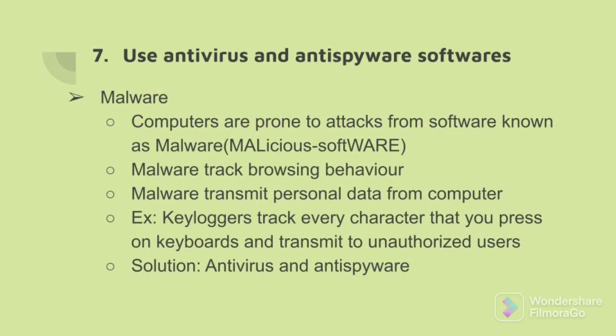When malware is installed on your computer, it may track your browsing information, including the behavior of your browsing, and it transmits the personal data from your computer to the person who has installed this software, right? For example, keyloggers track every character that you press on the keyboard and transmit it to unauthorized users. So the best solution for this is to install antivirus and anti-spyware software on your computer.